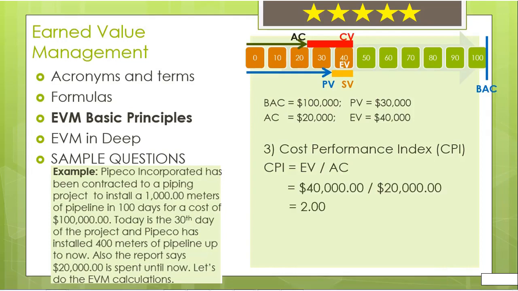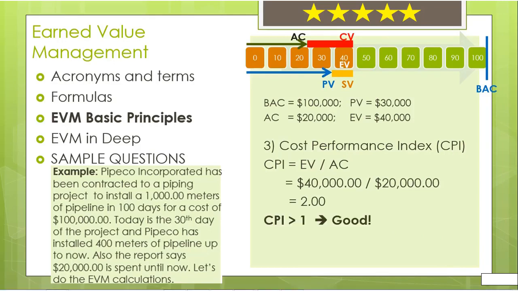Let's place the values into the equation. 40,000 divided by 20,000 gives us 2. This result tells us until now we have spent $1 but we get $2 of work. Or more simply, we can say we bought $2 by giving $1, which is good.